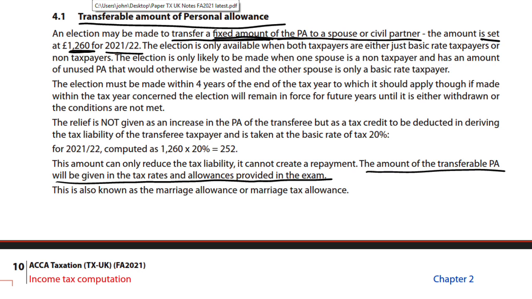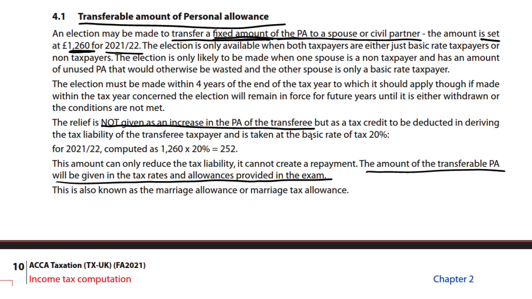Okay, going back to this, it's a fixed amount of transfer. Now, what we'll discover is, and where most students might, if you're going to make a mistake, make one here, that this relief is not given as an increase in the personal allowance of the transferee. So we always reduce the personal allowance of the transferor, spouse or civil partner, by £1,260.